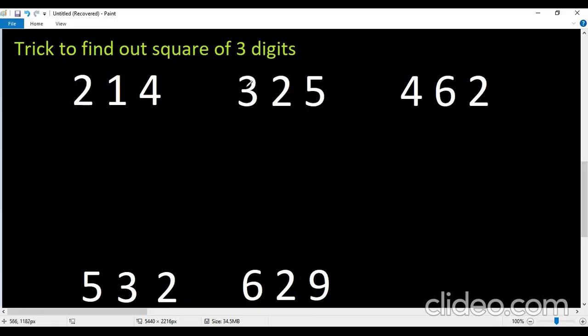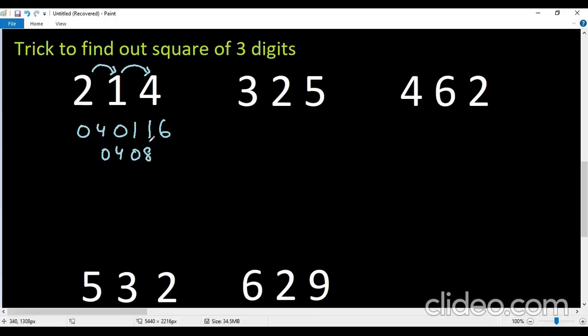Now in here what will happen is 4 times 4 is 16. You write 16 like this, and 1 times 1 is 1, so you write 01 like this, and then 2 times 2 is 4, and you will write 04 like this. Now 2 times 1 is 2, double of 2 is 4, so you write 04 like this. 1 times 4 is 4, double of 4 is 8, so you write 8 like this.